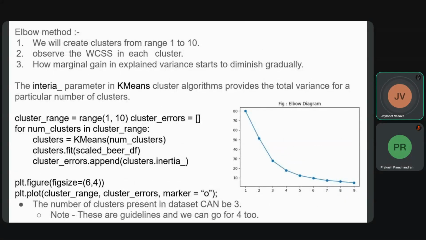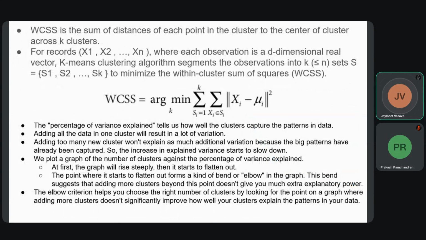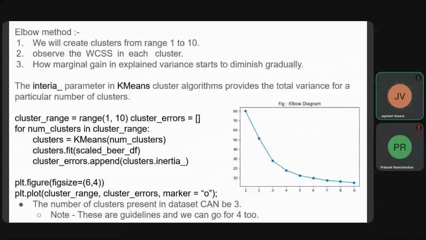So using the elbow method, we'll create the clusters from range 1 to 10 and observe the within cluster sum of squares in each cluster, and how the marginal gain in explained variance starts to diminish gradually. For the k-means cluster, the inertia parameter provides the total variance for the particular number of clusters.